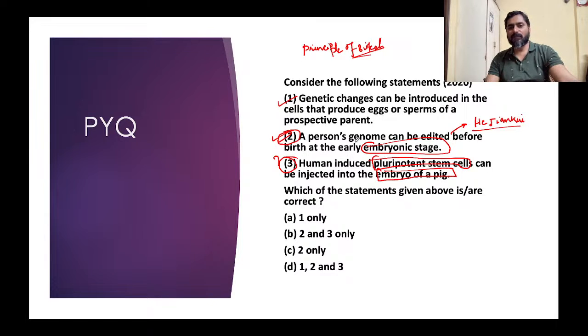Why? Because when you're talking about human induced pluripotent stem cells, it is a kind of human cell only. So what this statement is saying is, can human cells be injected into pigs? That is the question. So what do you think?